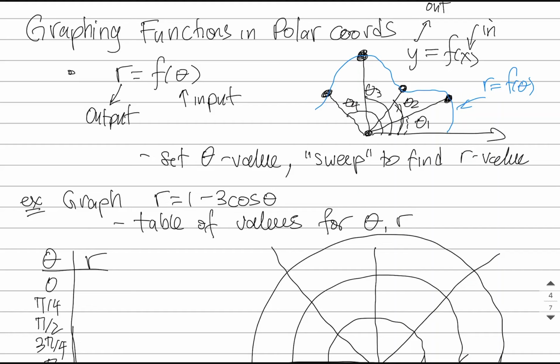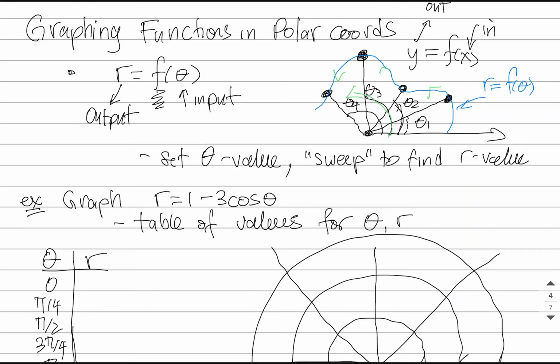But because this is a function, you will only ever get one radius for the angle that you provide. So in our brains, we have to think of sweeping in a certain direction. The angles increase counterclockwise, and then we trace out where the radius is going to go.